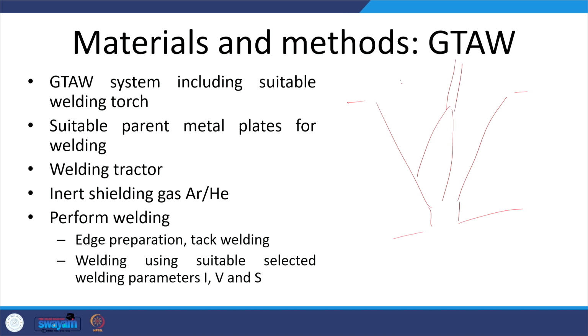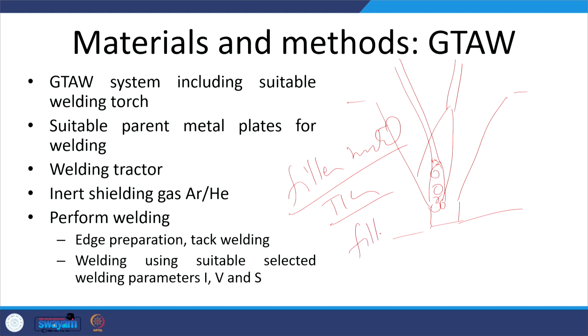And so, in the arc zone we feed the filler wire. So, the filler wire melts with the heat of the arc, and thereby it transfers the molten metal in between the plates to be welded to fill the gap. So, the filler metal in GTAW is basically used to fill the gap, or fill the groove.